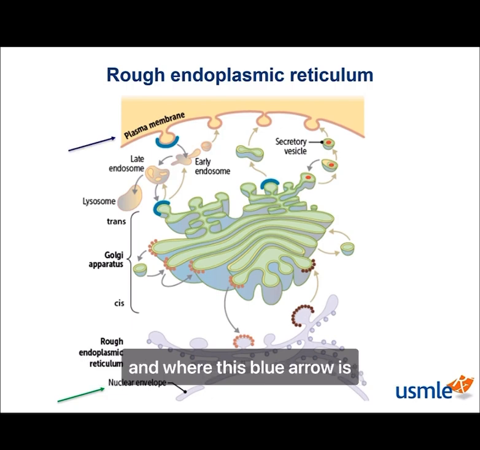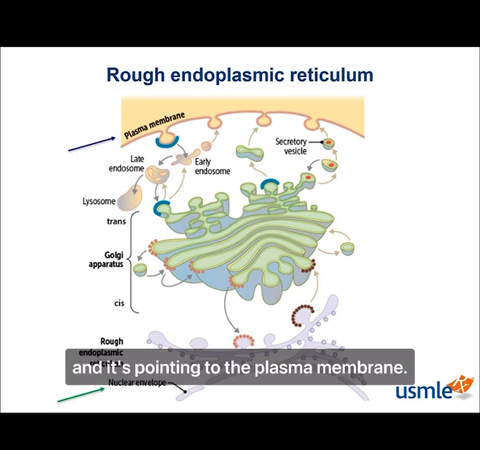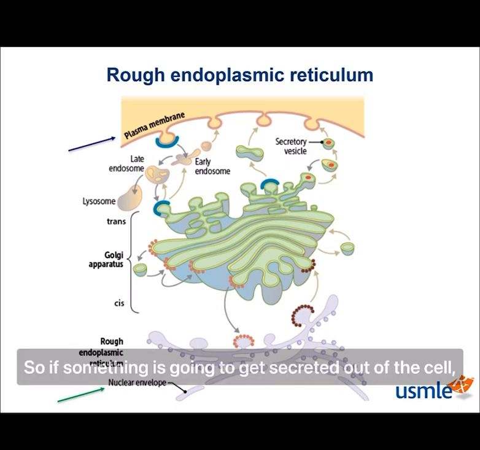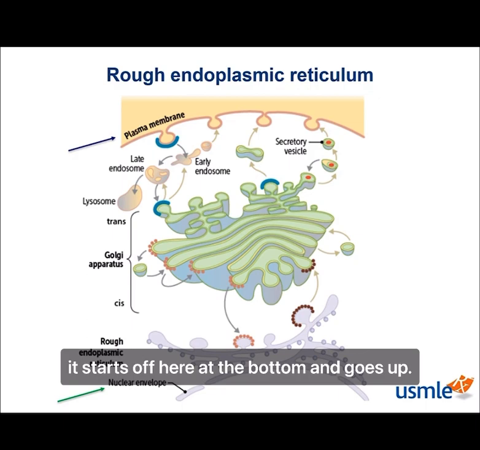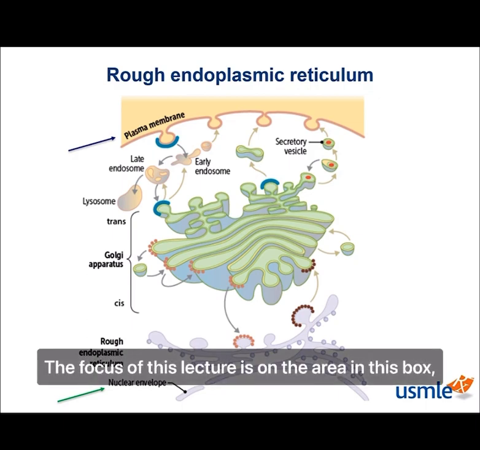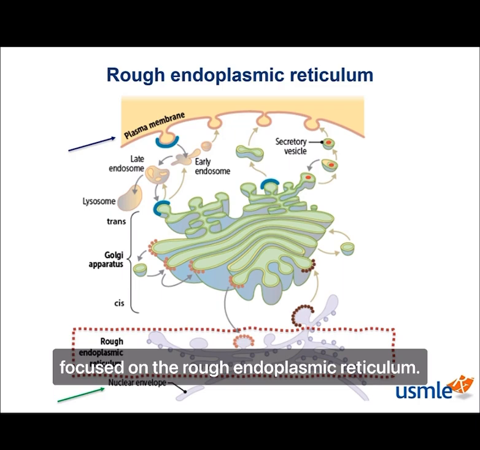And where this blue arrow is closer to the top of the slide, it's pointing to the plasma membrane. So if something is going to get secreted out of the cell, it starts off here at the bottom and goes up. The focus of this lecture is on the area in this box, focused on the rough endoplasmic reticulum.